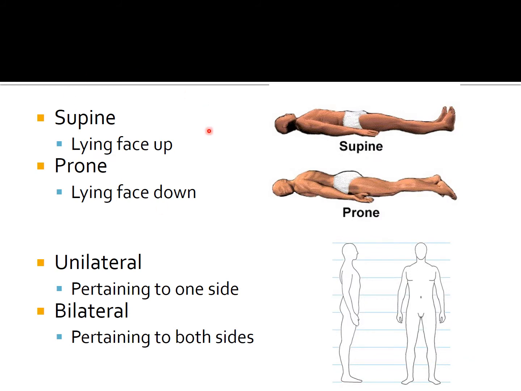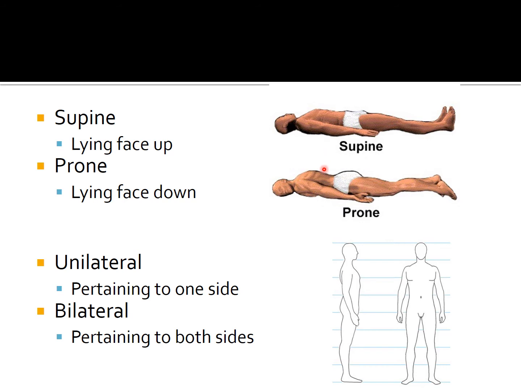Then different positions. What is the meaning of supine and prone? Supine position is a lying position in which the head faces towards the ceiling. Both supine and prone are lying positions, but in supine position the head is facing towards the ceiling, whereas in the prone position the head is facing towards the floor.